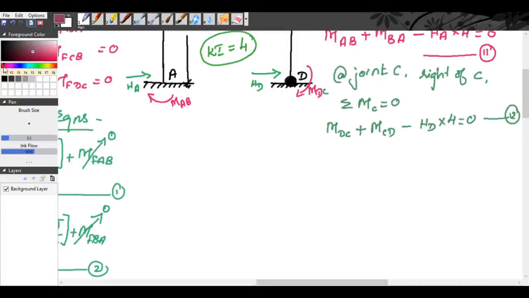solving all these 12 equations, we get the value delta will be equal to 63.03 by EI.